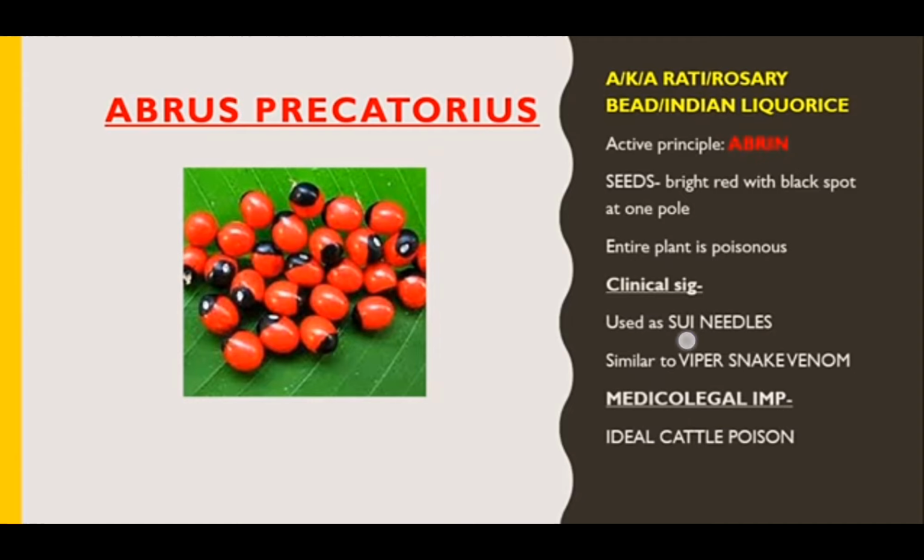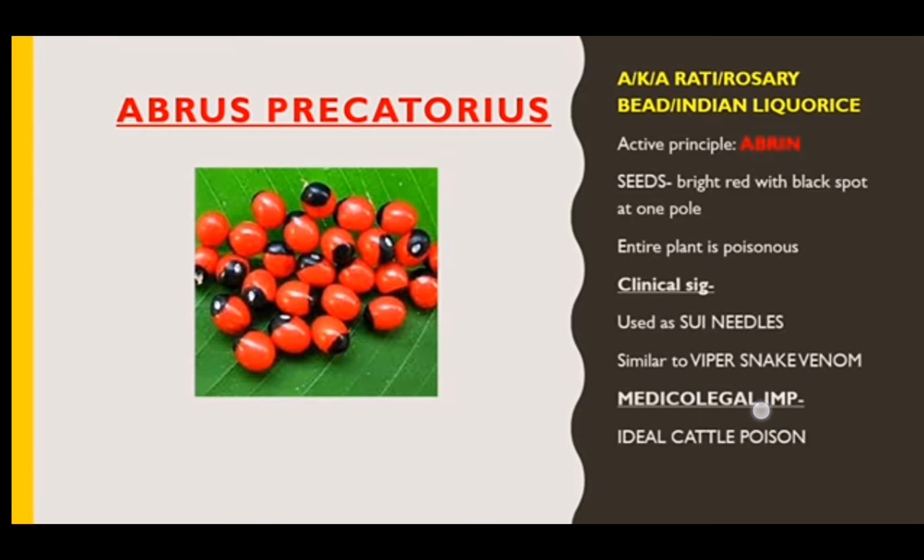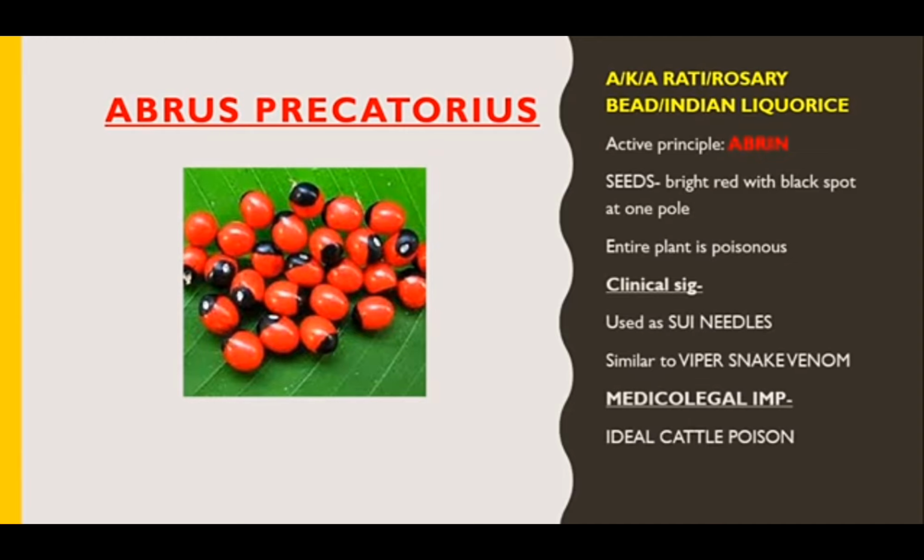The entire plant is used as sui or needles, similar to viper snake venom. Medicolegal importance is ideal cattle poison. Sui is a needle to stitch beautiful cloth and insert beads.